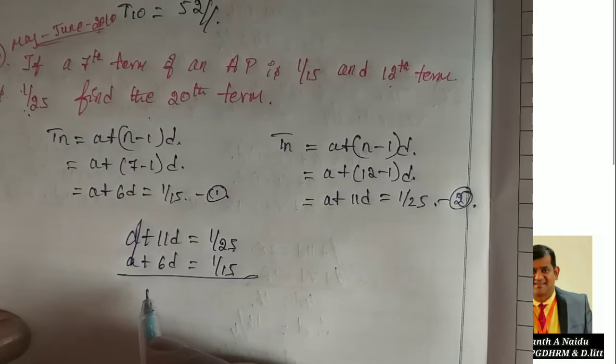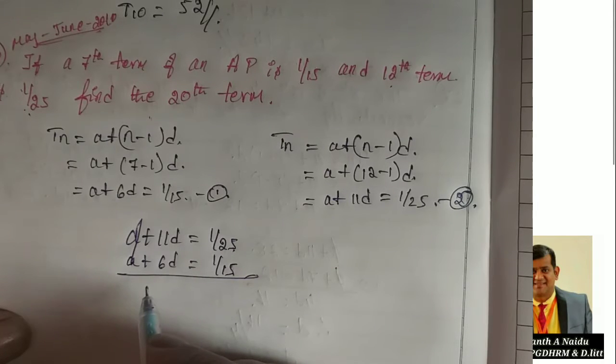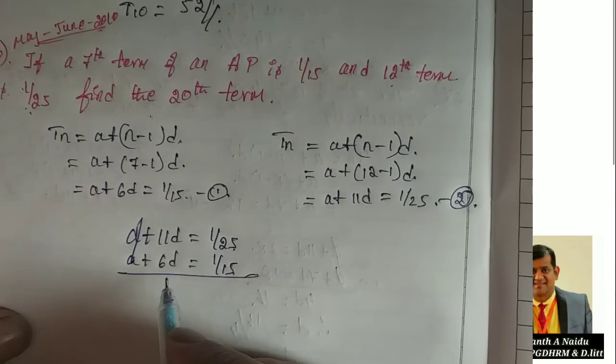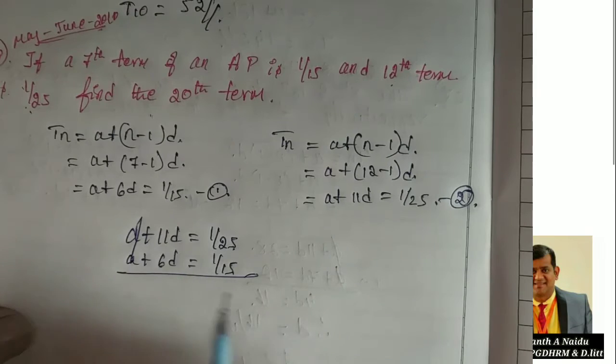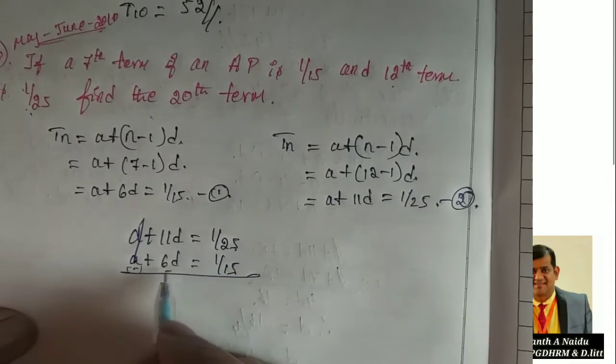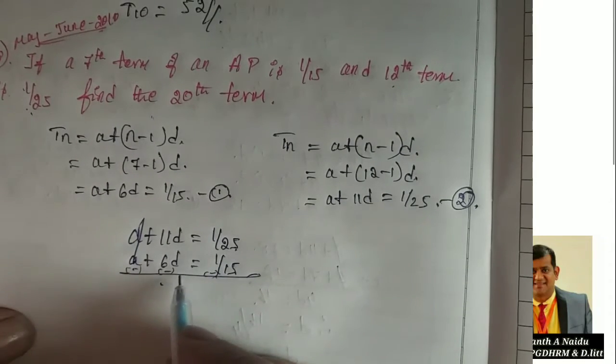Plus into plus is plus, minus into minus is plus, so we are going to get 5d.